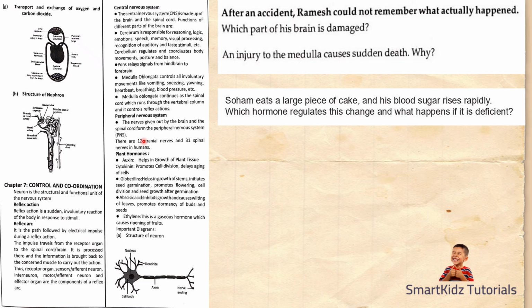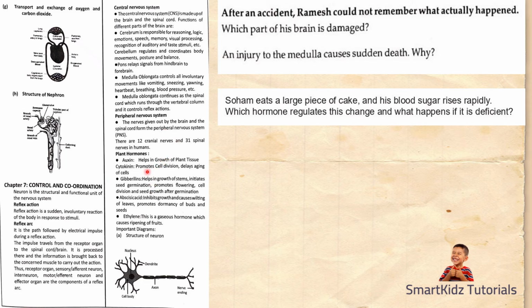CNS comprises the brain and the spinal cord, and the peripheral nervous system consists of all the peripheral nerves, those going out towards the periphery of your body parts, that means your fingers, your feet, toes, and so forth, the end points. There are 12 cranial nerves and 31 spinal nerves in humans.